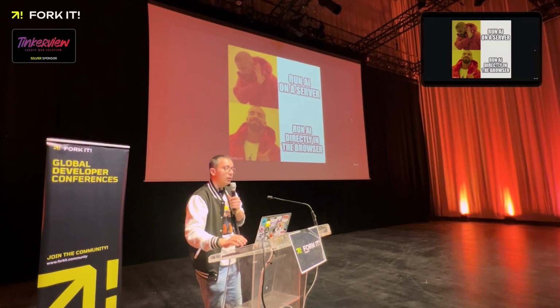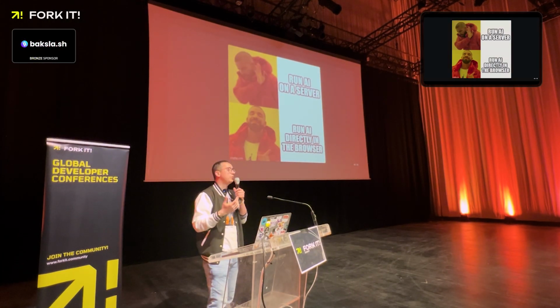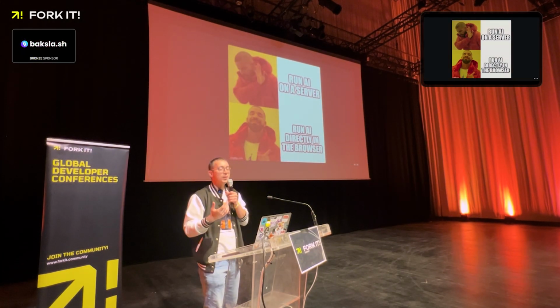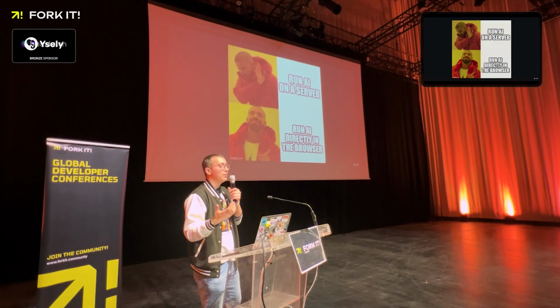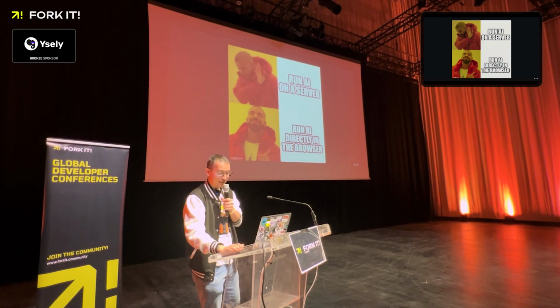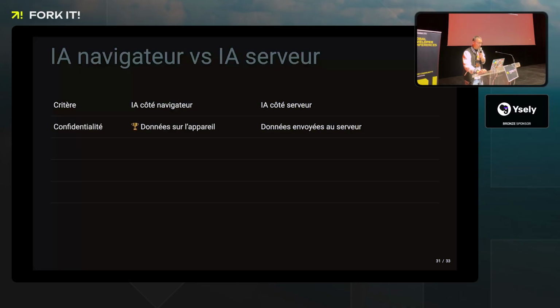Okay, now did I convince you that you don't need to run AI on the server, but why not run it directly in the browser? So let's summarize. Running AI locally, the data is on your device, so in terms of confidentiality, it's much better. There is no server cost when you do AI in your browser.